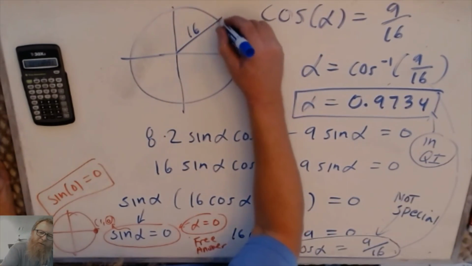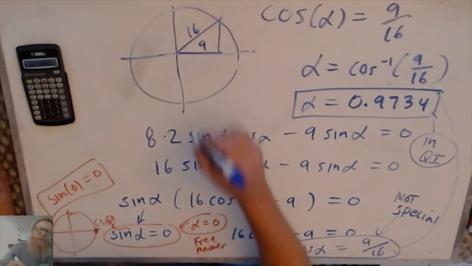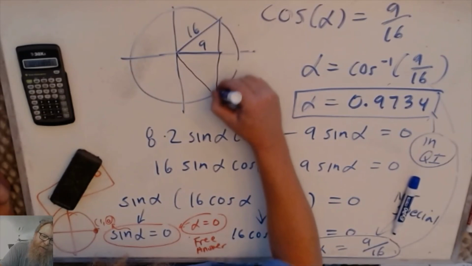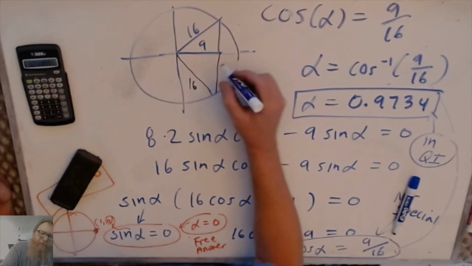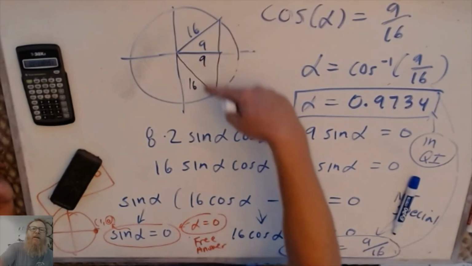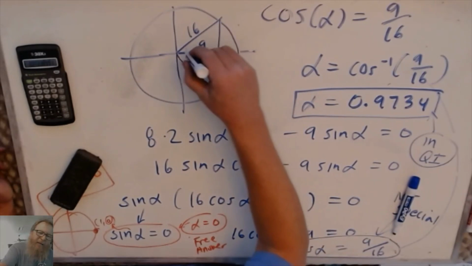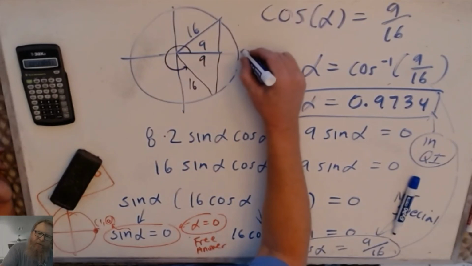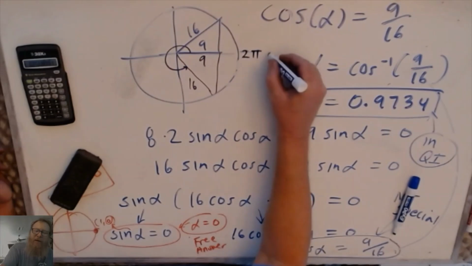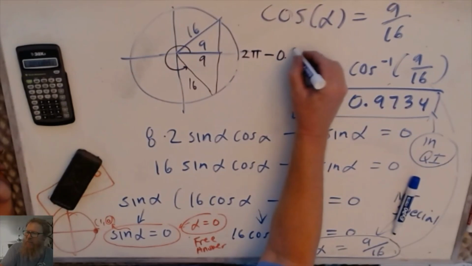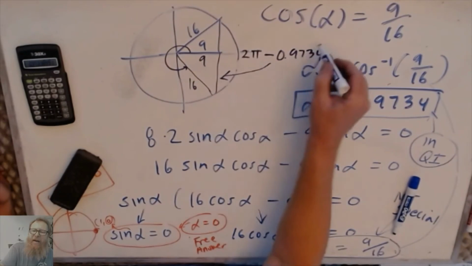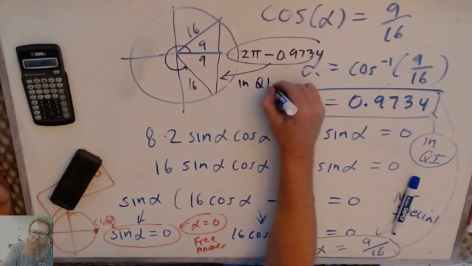So the hypotenuse is 16 and the adjacent side is 9. Well, you have another triangle down here. It's like a mirror image of this triangle, and that would be 2 pi minus 0.9734. That would give you this angle in quadrant 4.